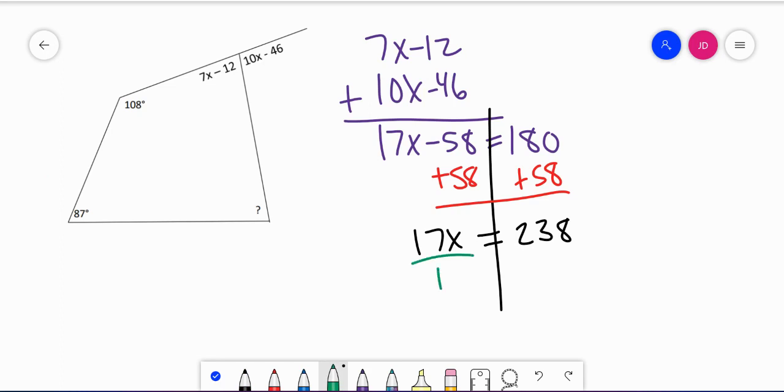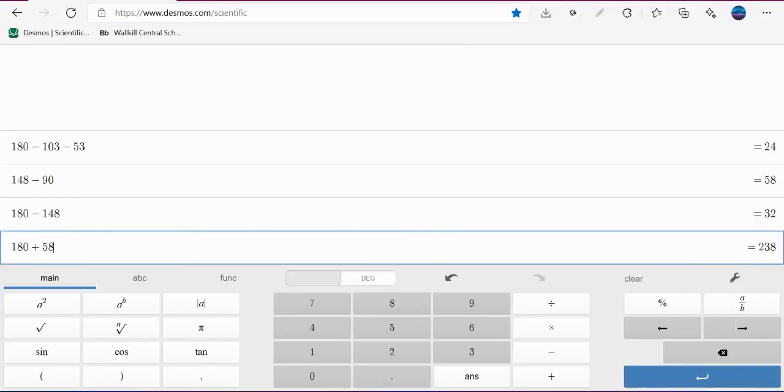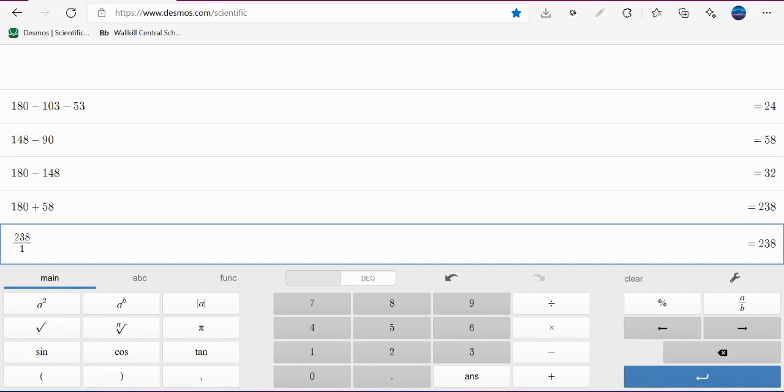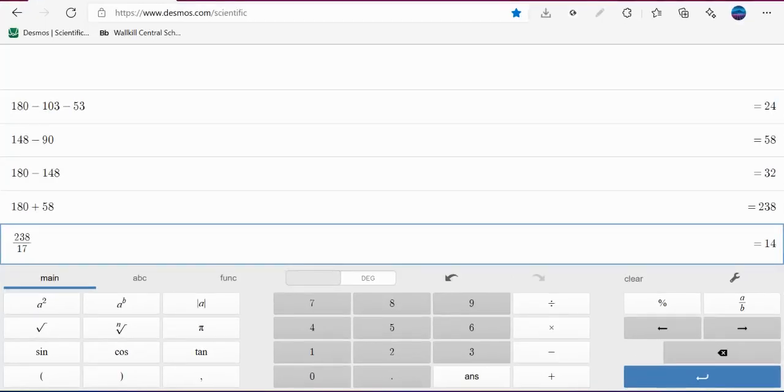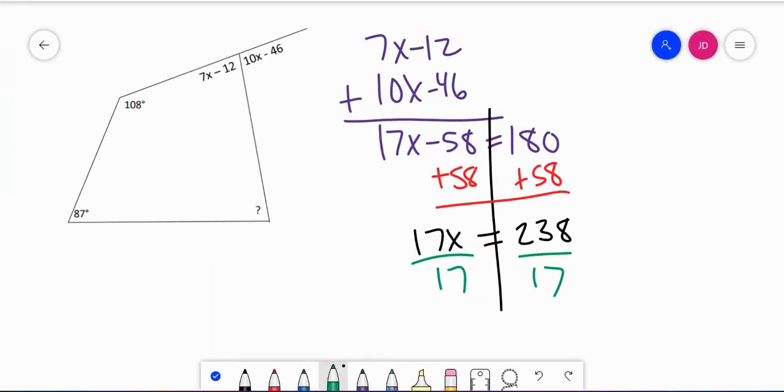Divide both sides by 17, and we get 14. That's just x, but I want to complete the diagram.